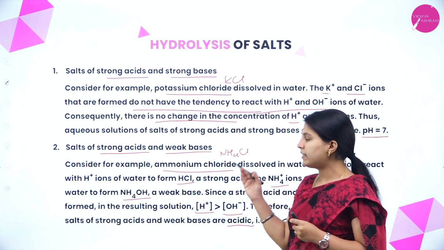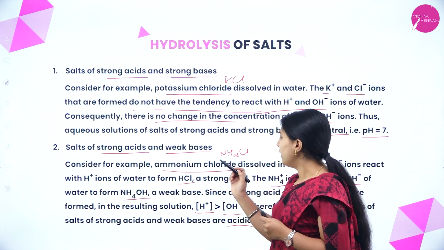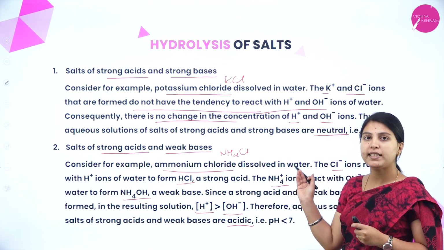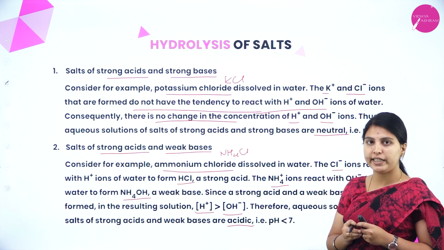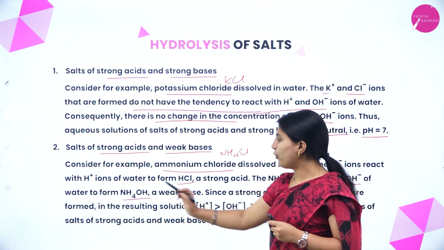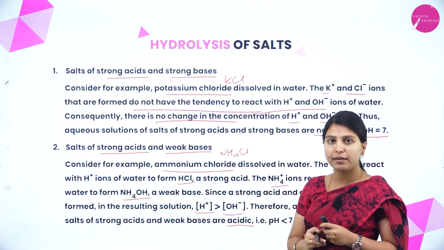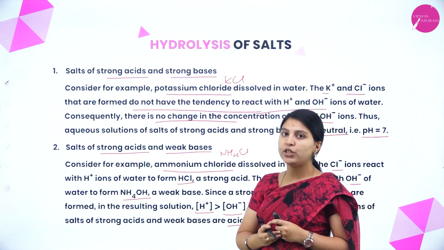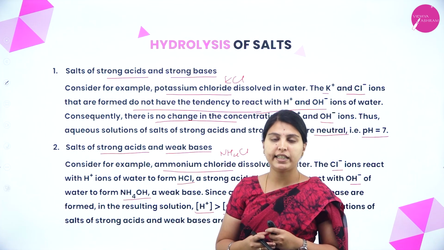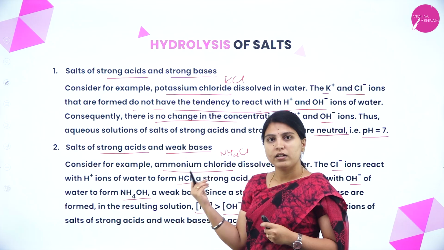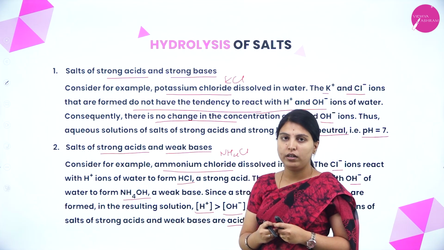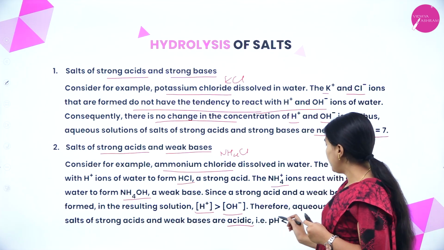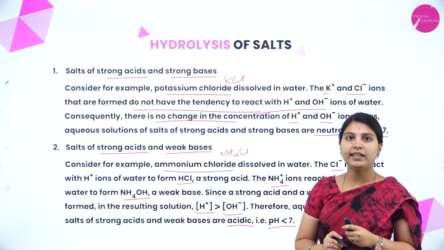Whenever H+ and Cl- react, a strong acid HCl will form. Whenever NH4+ and OH- of water react, NH4OH, that is ammonium hydroxide, which is a weak base, will form. At that time the concentration of acid will increase relative to the concentration of base. Then what will happen to the overall salt solution? It will be acidic, so the pH will be less than 7.